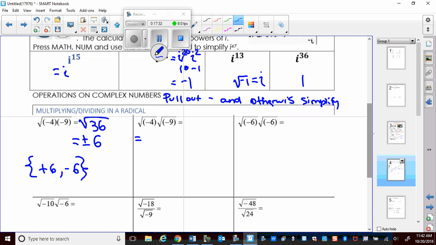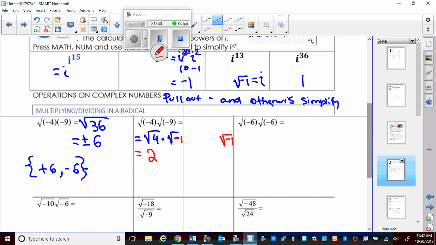Okay, over here I have equals. Separating this, I get square root of 4 times the square root of negative 1. Okay, and then I get times square root of 6 times the square root of negative 1. And I have square root of 9.